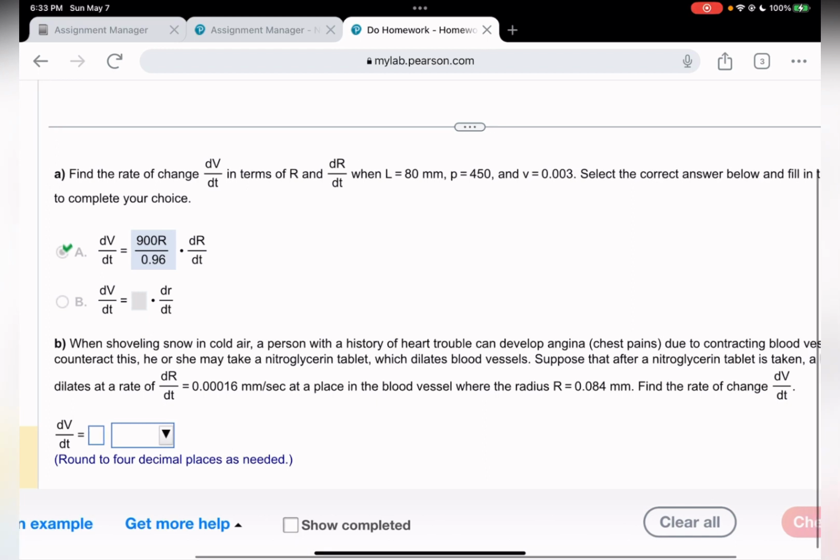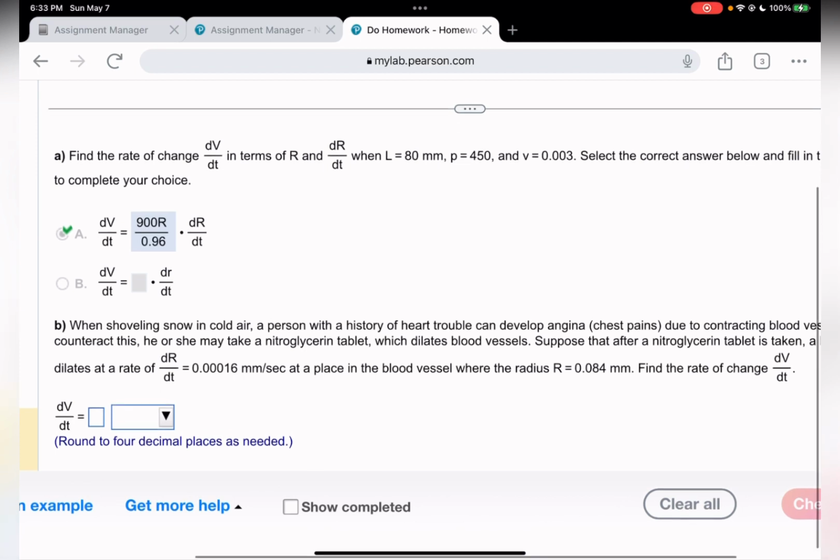Let me write down this information. I guess it will be better if I take the picture of this, and we need to find dV.